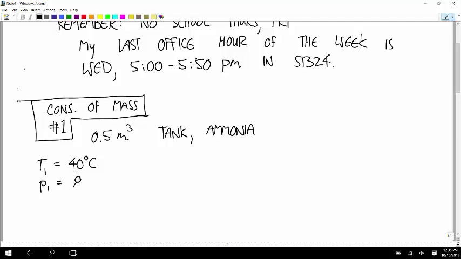P1 is 8 bar. A leak develops and ammonia flows out of the tank. That's not good. At a constant mass flow rate, so m dot is 0.04 kilograms per second.